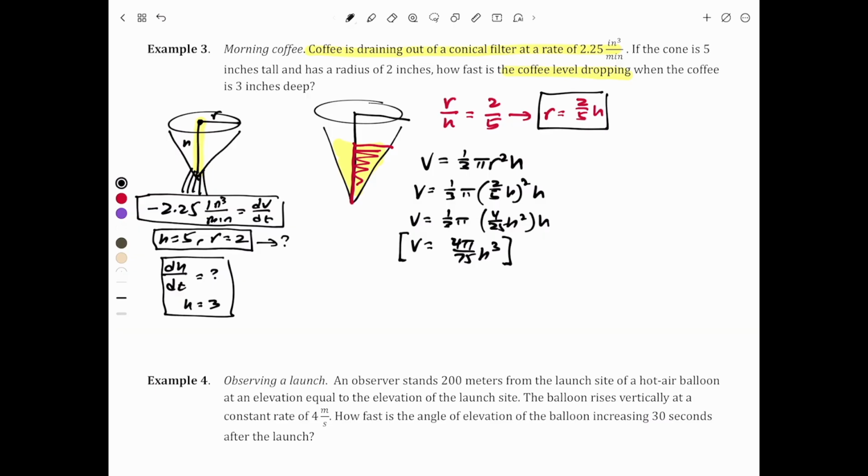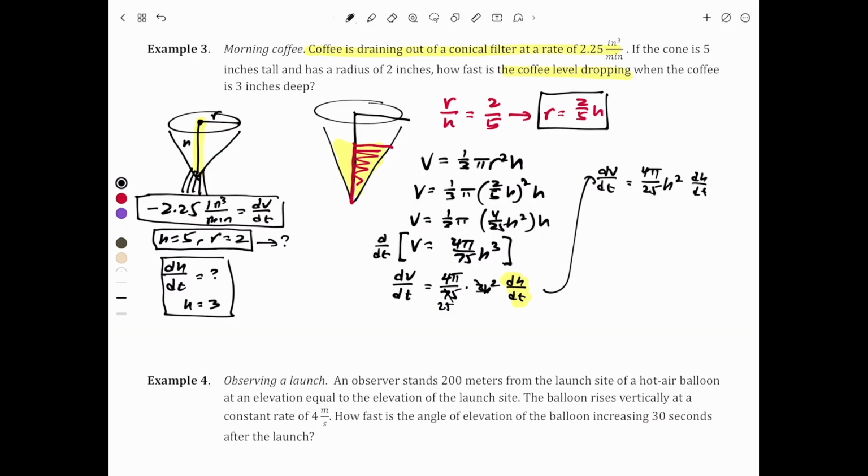If I now take the derivative like we're supposed to, I get dV/dt equals 4 pi over 75 times 3h squared dh/dt. We're doing great. All we have to do now is solve for dh/dt when we know all the other stuff in the problem. One more cleanup step: I'm going to cancel the 3 and the 75 to 1 and 25. So dV/dt equals 4 pi over 25 h squared dh/dt.